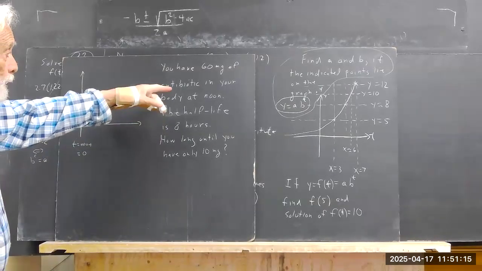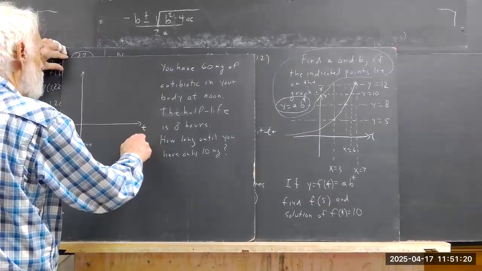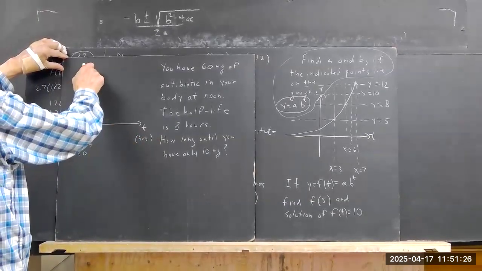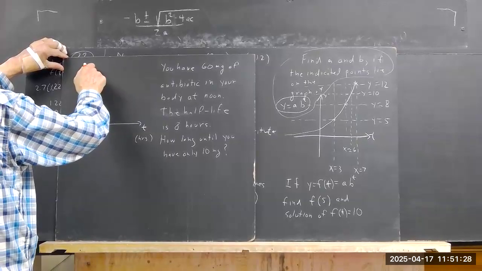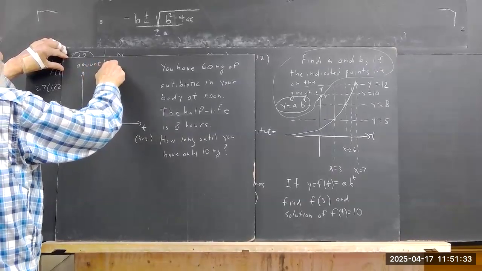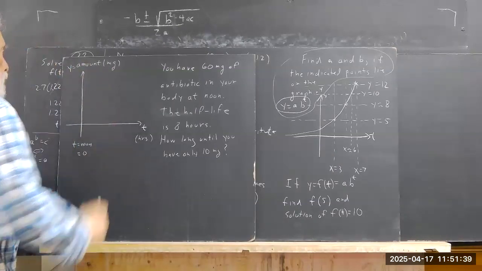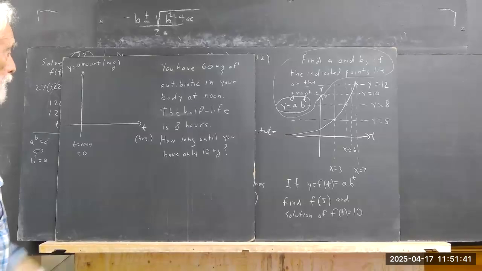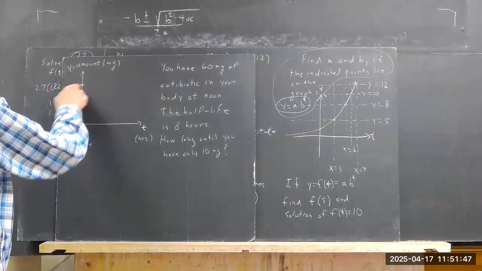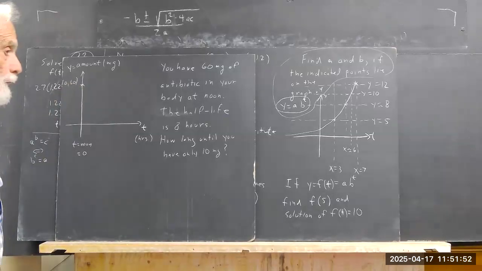Well, at noon, you have 60 milligrams of antibiotic. Let's label the axes, time in hours, amount in milligrams, and we'll call that y. So at noon, you have 60 milligrams. So this point here is (0, 60).